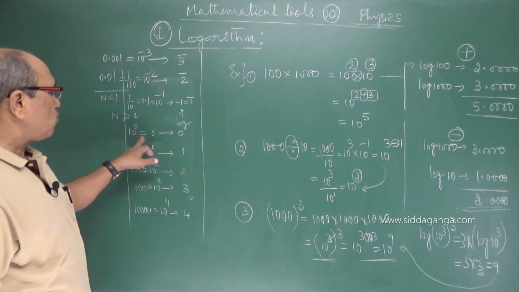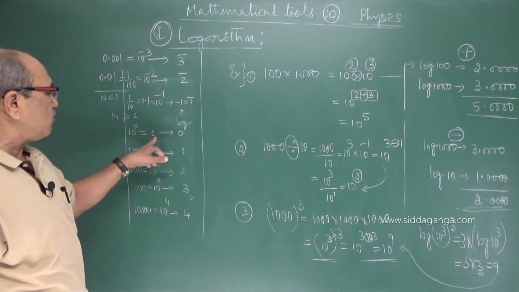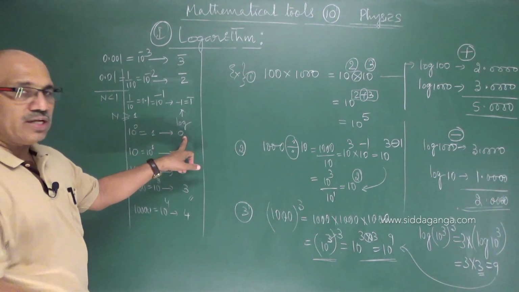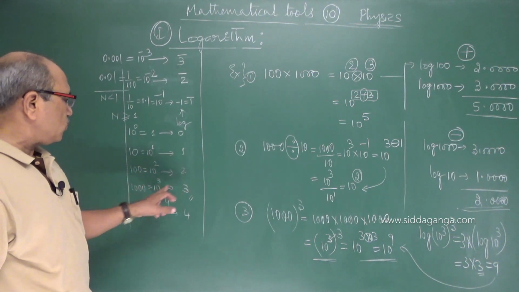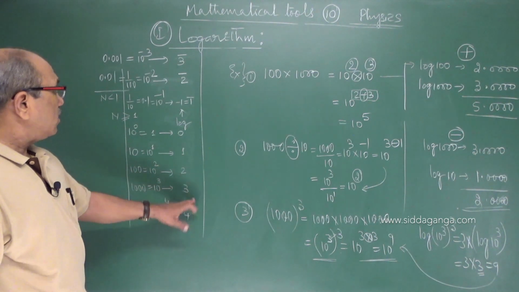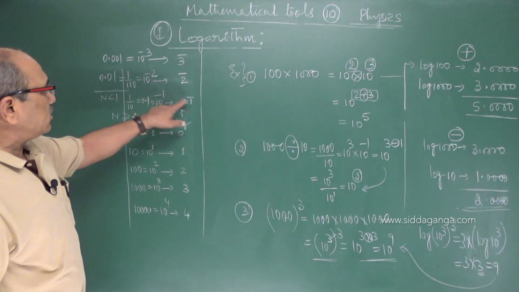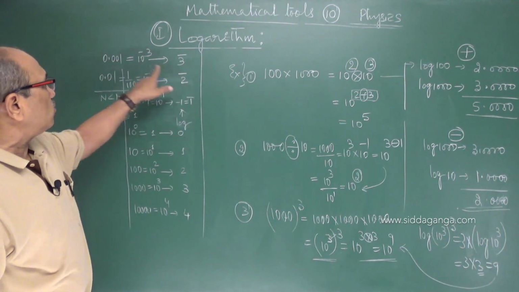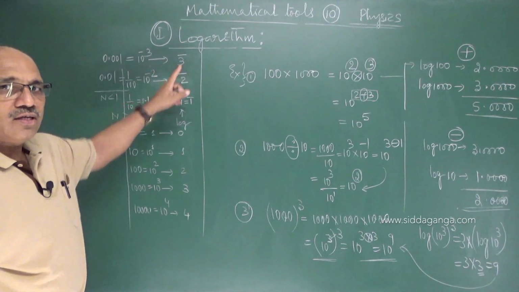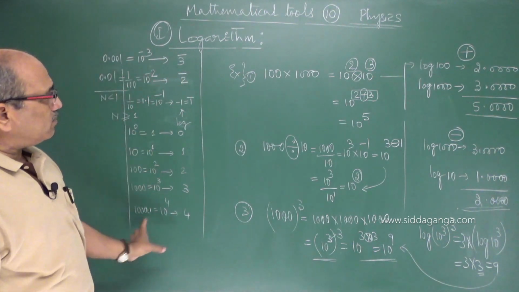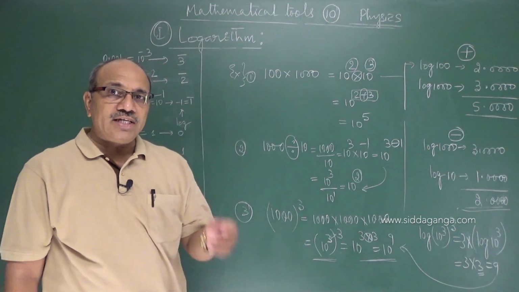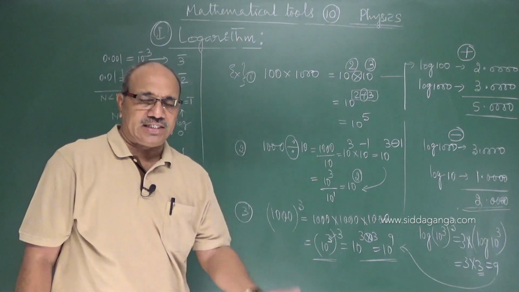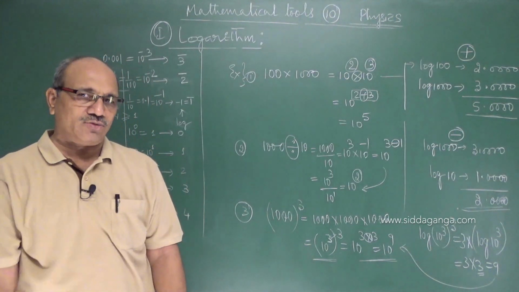1 can be written as 10 power 0. For 1, log is 0. We discussed that in the previous part also. 10 power 1, 10 power 2, 10 power 3, 10 power 4, or even less, 10 power minus 1 as bar 1, minus 2 as bar 2, 10 power minus 3 as bar 3. In those specific numbers we played the game and showed you. But how to represent all the numbers in powers of 10 is the question.